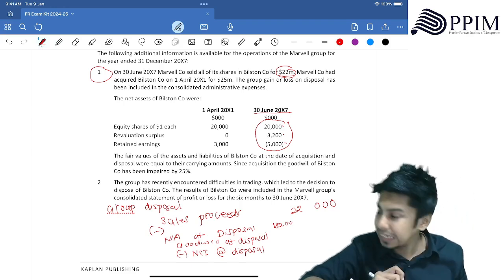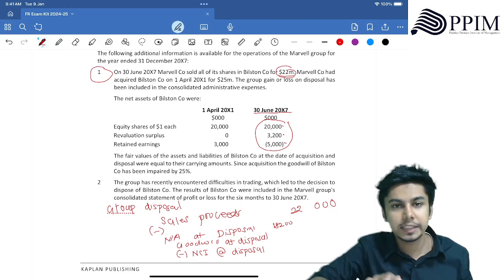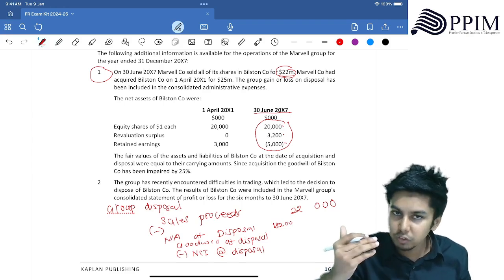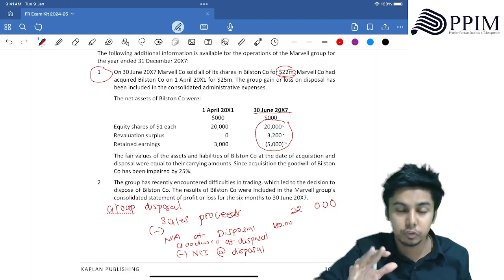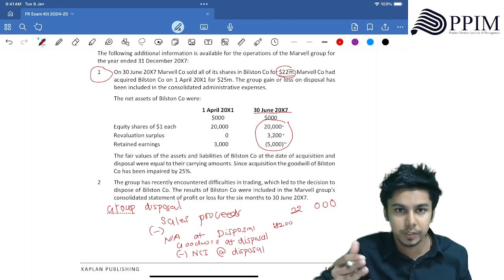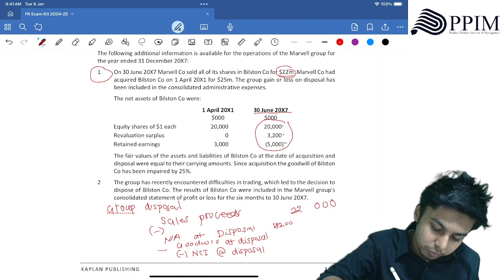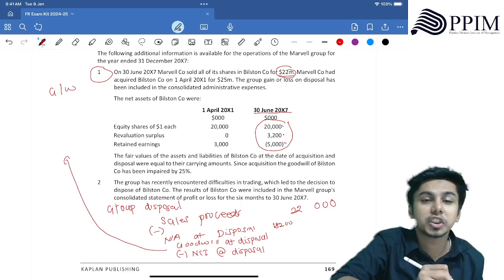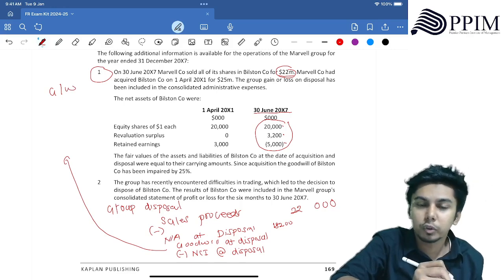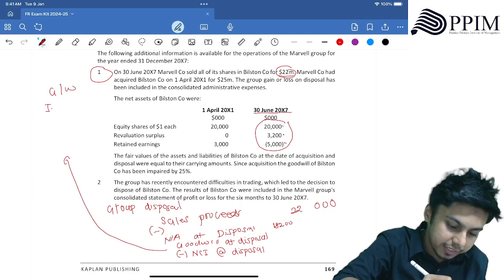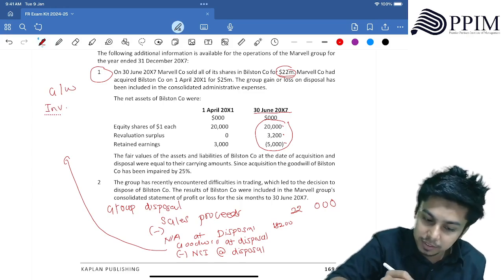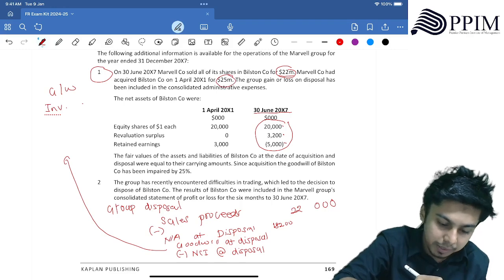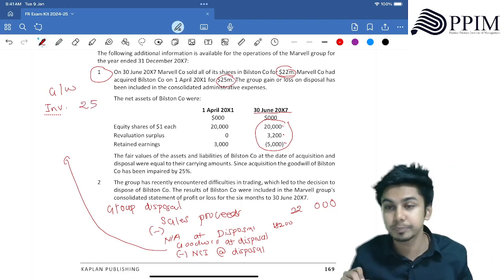Then goodwill at disposal. In this question, the goodwill is not provided, so you have to calculate it. First, calculate goodwill at acquisition. Normally, how do we calculate goodwill? First, we need the investment. What is the investment here? 25 million. We are paying 25 million to buy the company.